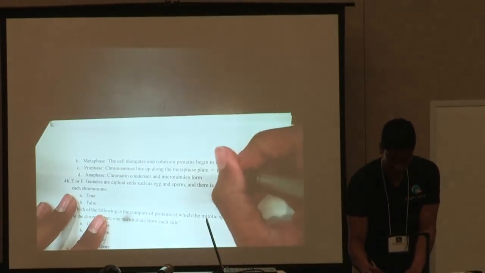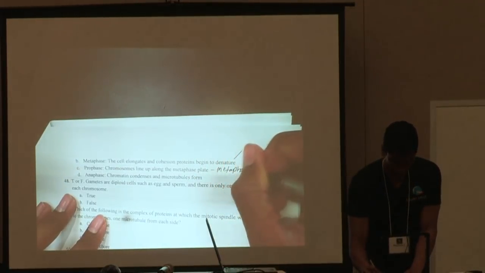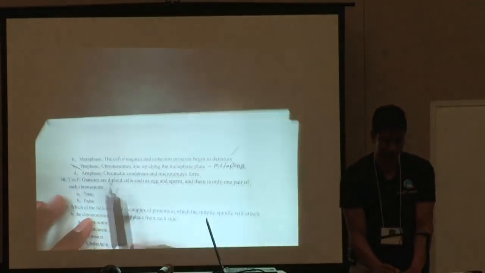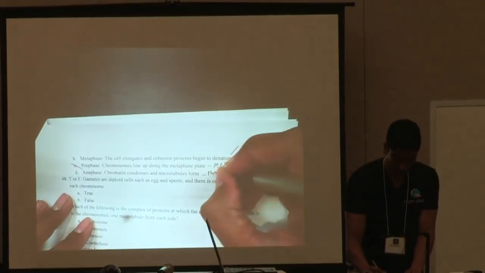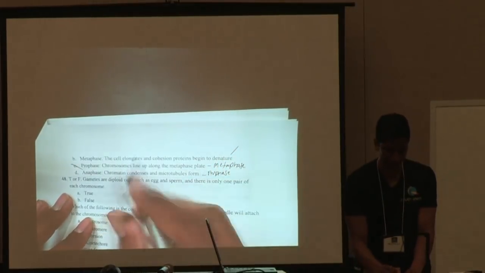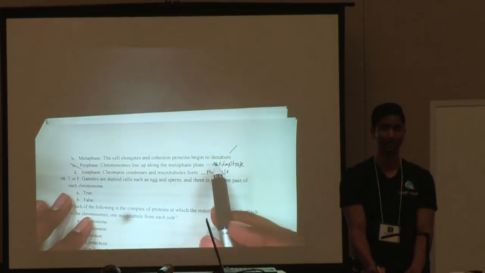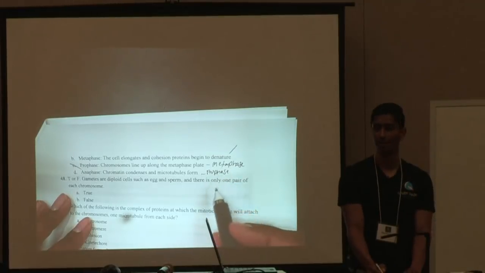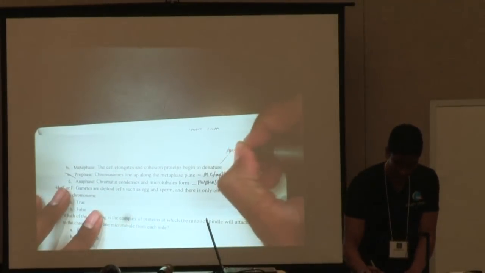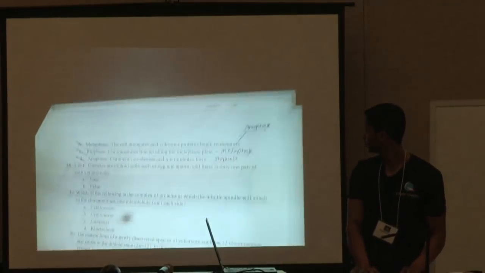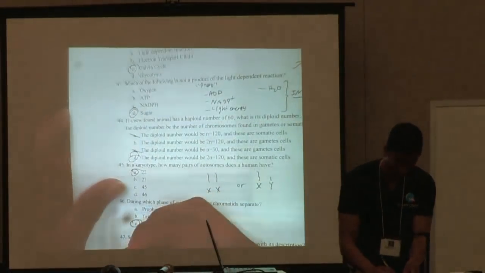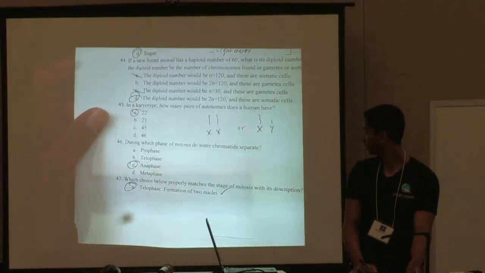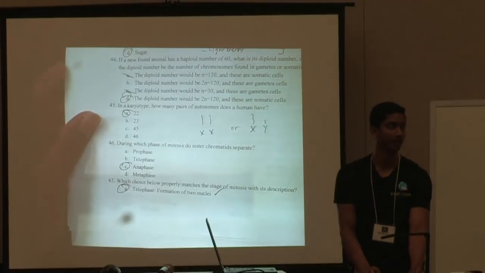Metaphase. All right, and then when does chromatin condense and the microtubules form? Prophase. Good, so the cell elongates and cohesion proteins begin to denature where? Anaphase. So the answer is A. Everyone good?